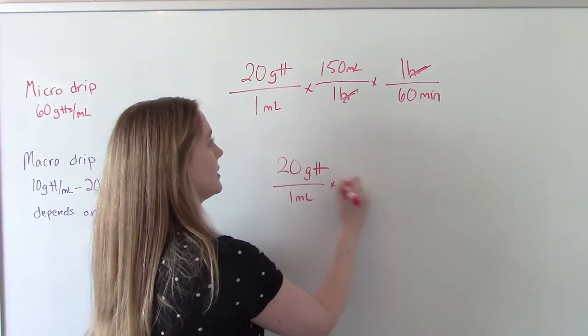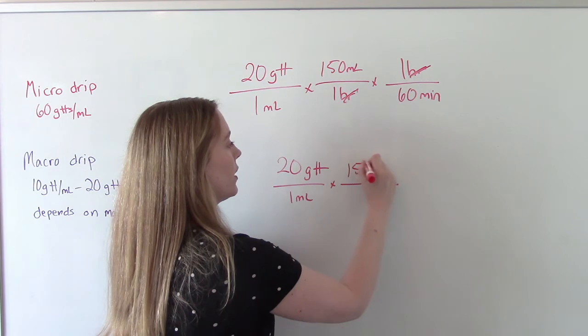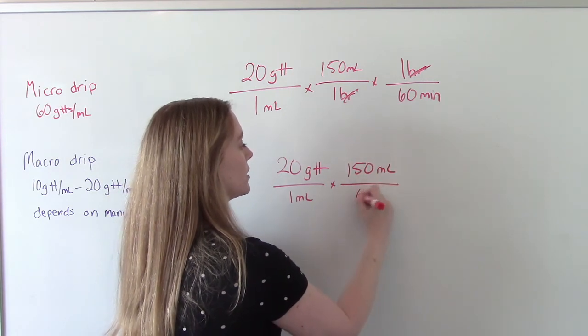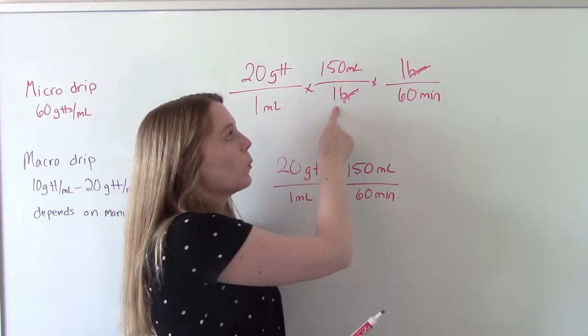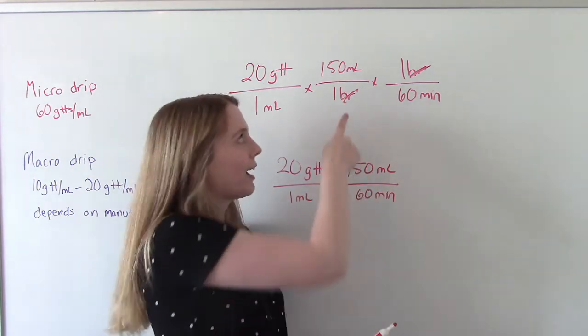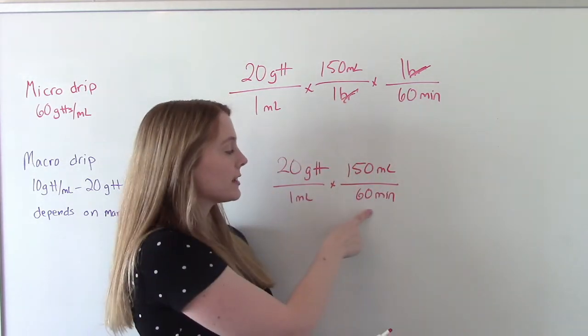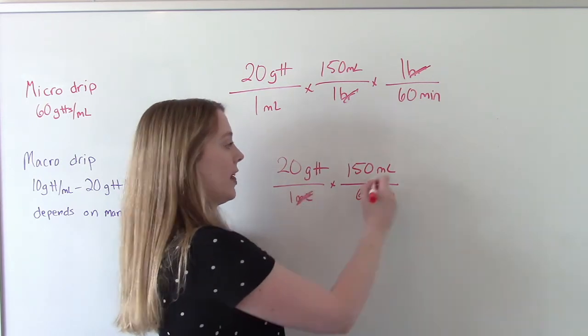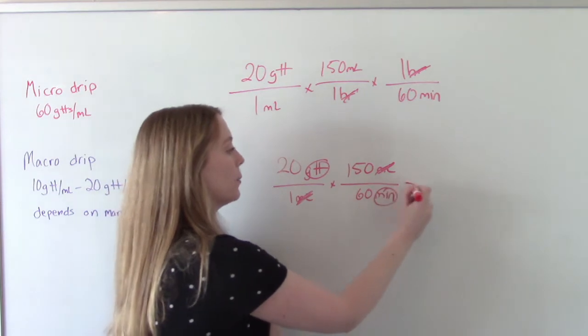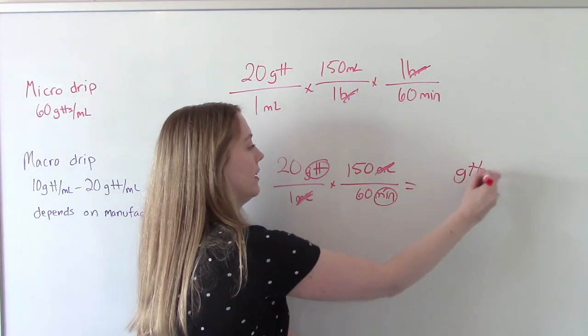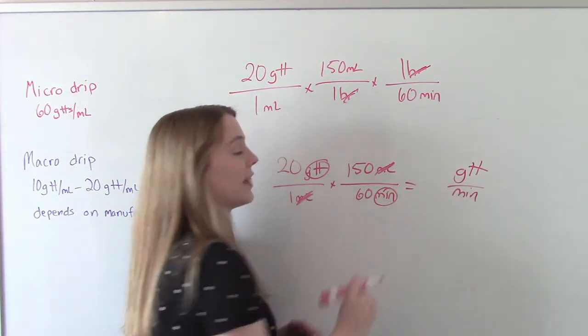So that stays the same, and this becomes 150 mLs over 60 minutes. Because this is standard. This is only 1 hour. We already know 1 hour is 60 minutes. So if you want to set it up like this, and then these will cancel like that, you'll still end up with drops per minute in your answer, and that's okay.